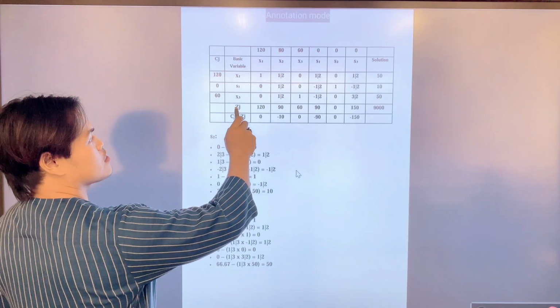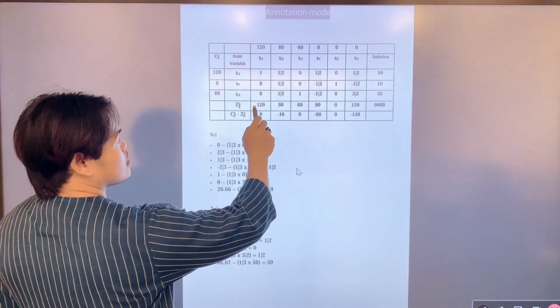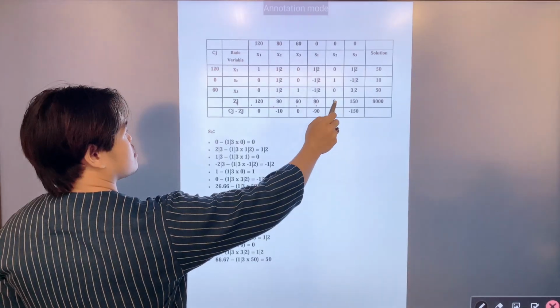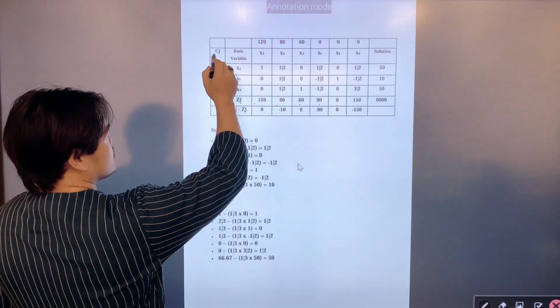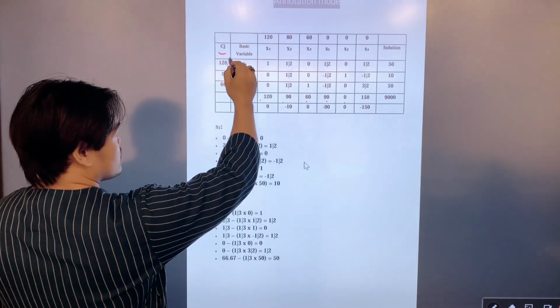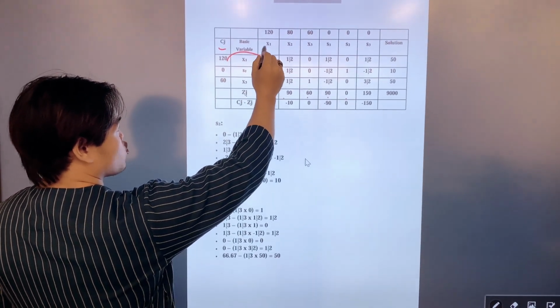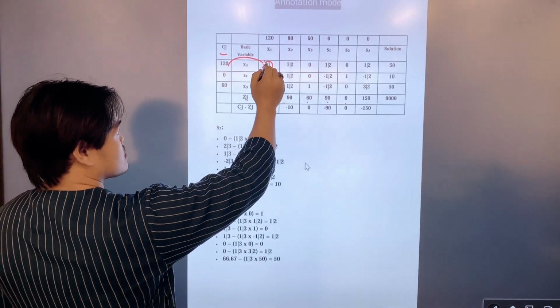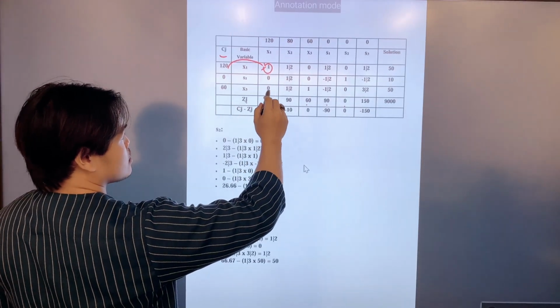For the ZJ column, how do we get this answer? We take CJ and multiply, so we get 100.